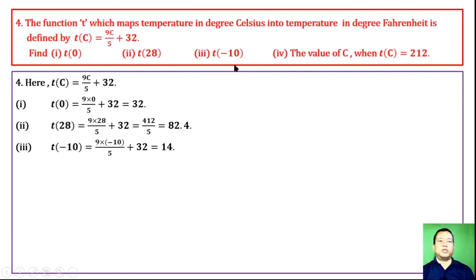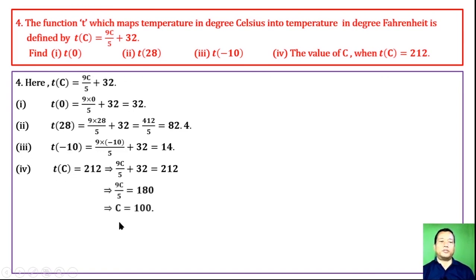Put c equal to minus 10, you get 14. Find the value of c when t of c is 212. T of c is 212, it is given, and t of c is this. Solving for c from this equation, we get c equal to 100.